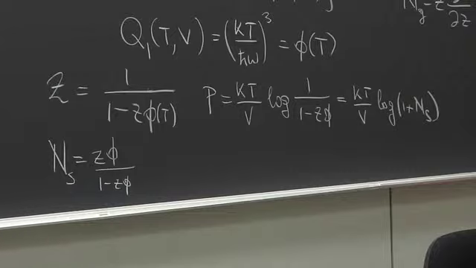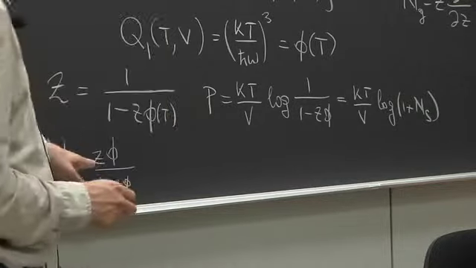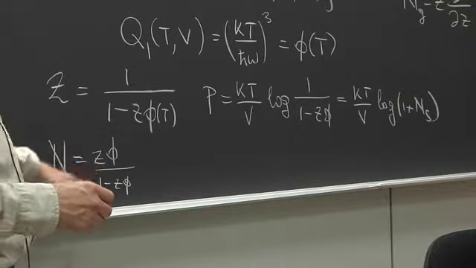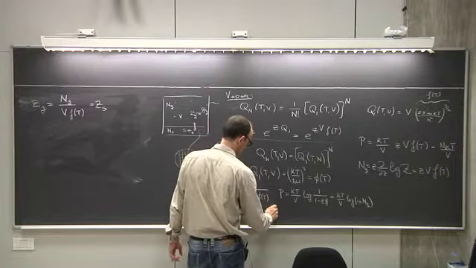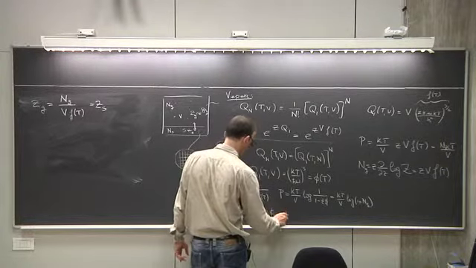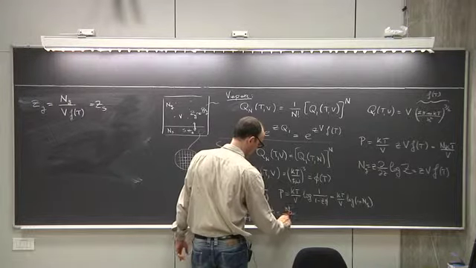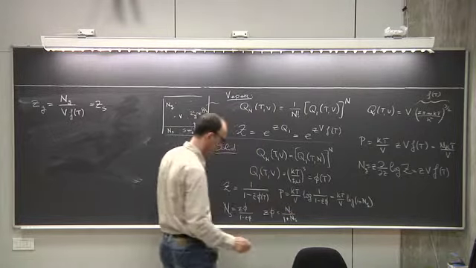Okay, so if you solve for z in this equation, you find that z times phi must be equal to n of the solid divided by 1 plus n of the solid. Okay?